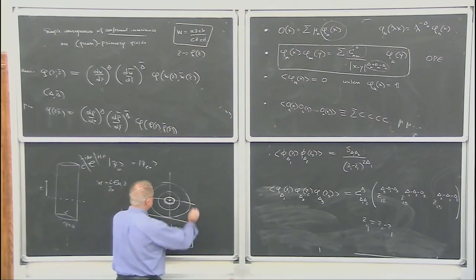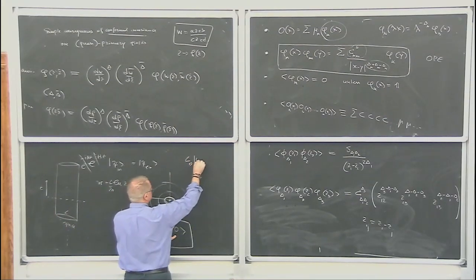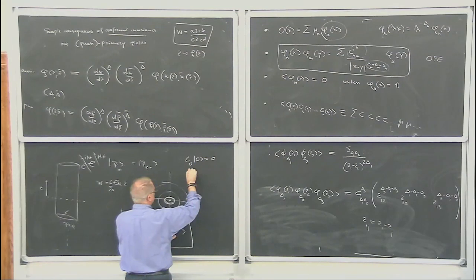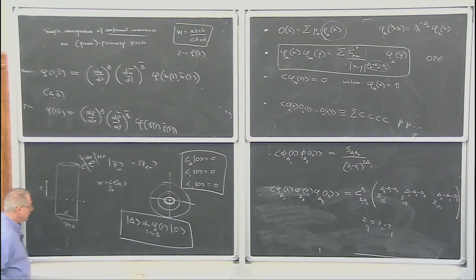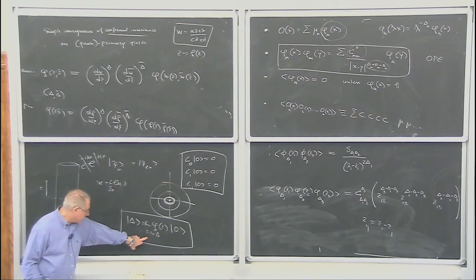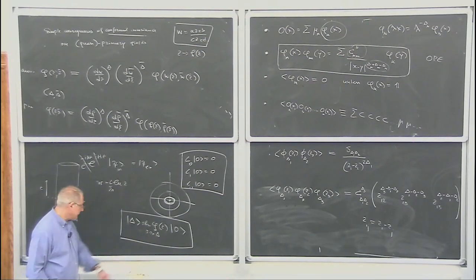So this vacuum satisfies the following condition. L0 equals 0, L1 equals 0, L minus 1 equals 0. So this is the vacuum. Okay? So with this definition, I define this guy to be like that.